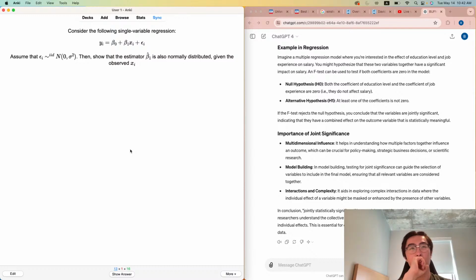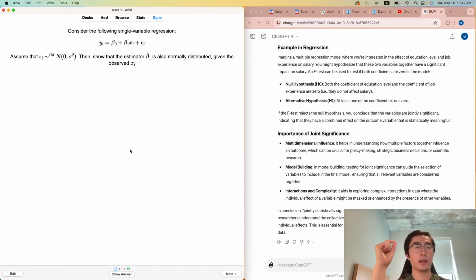And if that's the case, we could show that beta 1 is just the sum of, I think, c. So we'll say c is the ratio of x minus x bar over x minus x bar squared.